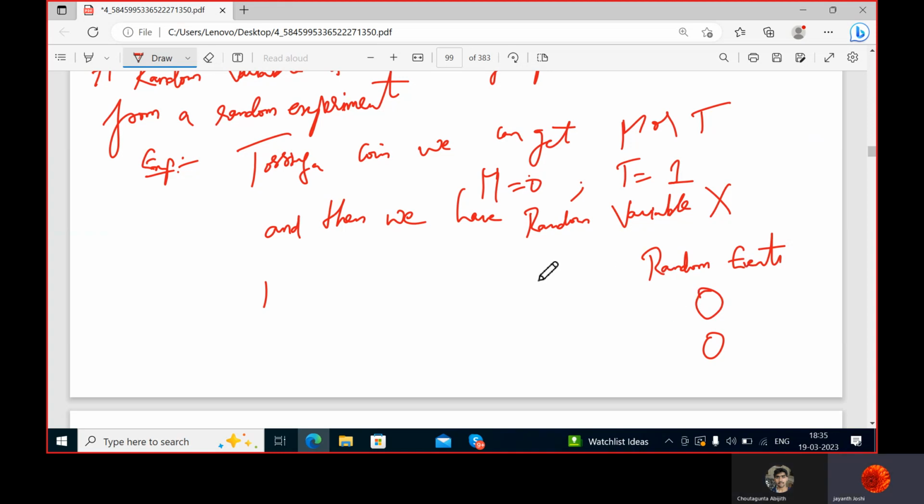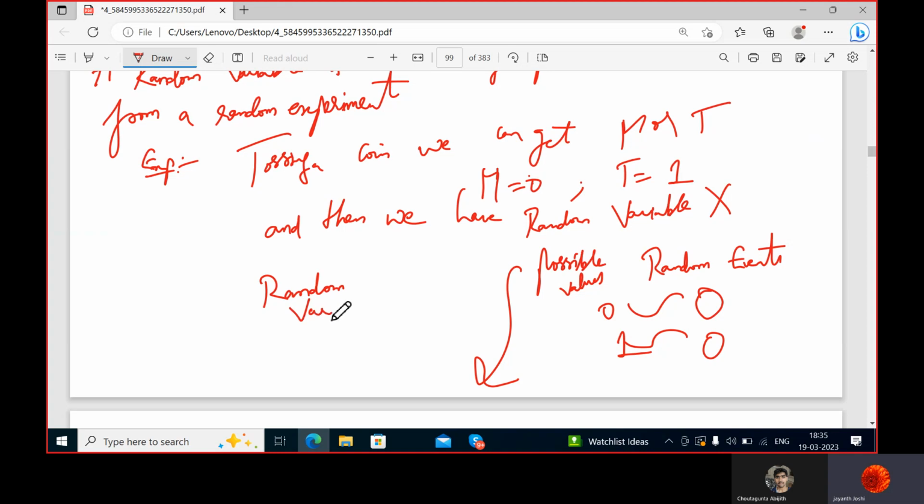So random events, possible values 0 and 1. And if I have to say what this is, I can say random variable x, correct? So random variable here is x.